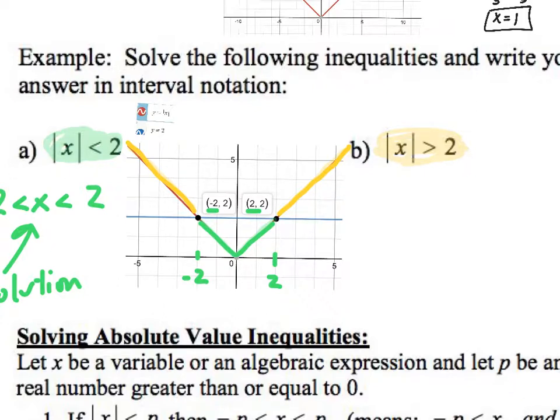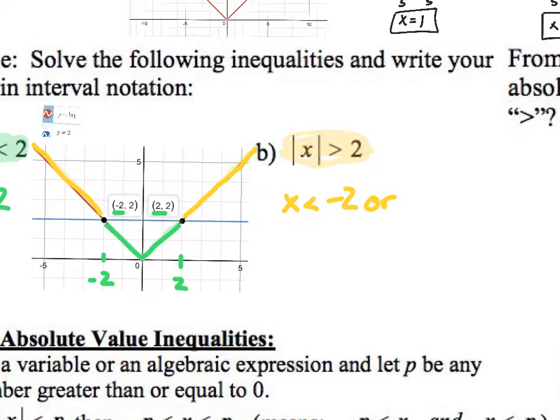That's going to happen when x is less than -2, and also when x is greater than 2. And so I'm going to write that my solution is x is less than -2, or, because it's a union of values, I would say this is also x is greater than 2. Okay, and that's when those happen.